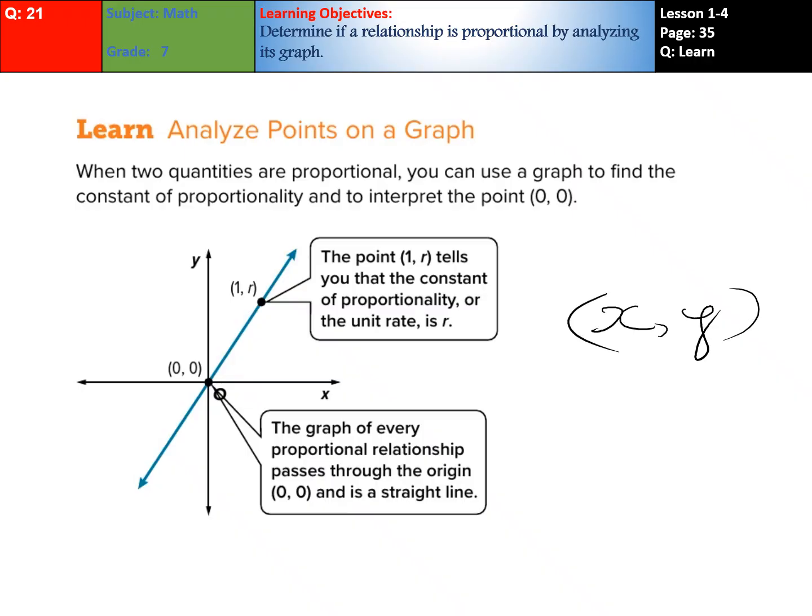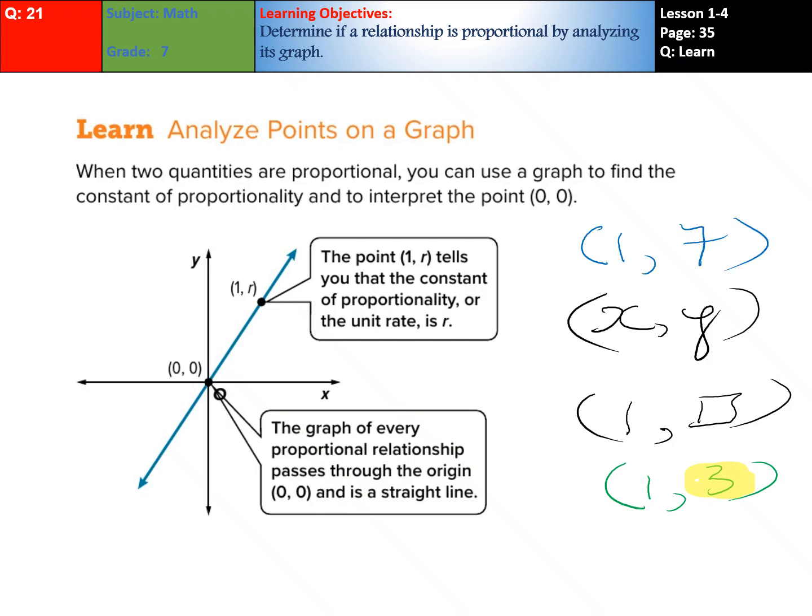For the constant of proportionality, x should be 1 and y can be any number. Let's say we have a graph that shows (1, 3); it means 3 is the constant of proportionality. If we have a graph where, when x is 1, y is 7, we will say that in that condition the constant of proportionality is 7.